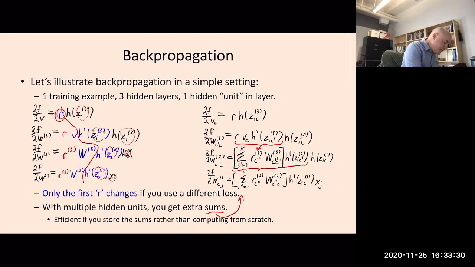Also, only if you really care, only this R changes if you choose a different loss. So in other words, if you have one big, long, dense neural network and you happen to have hand derived all of this and you happen to have written a piece of code, you can change the final loss on your neural network without changing a whole lot of code. Doesn't really matter. So we did all scalars here.